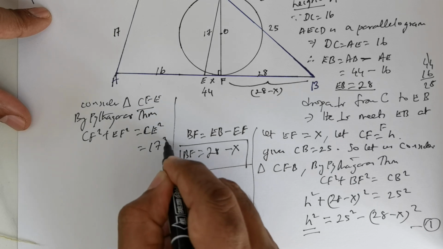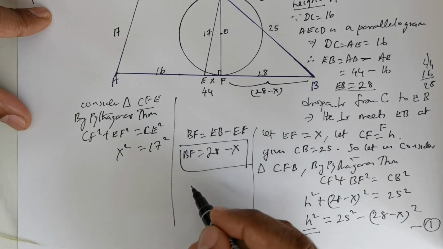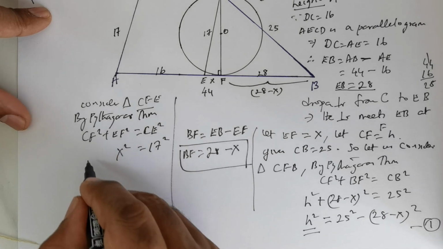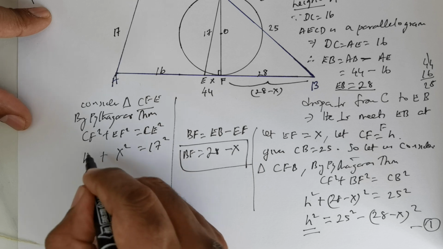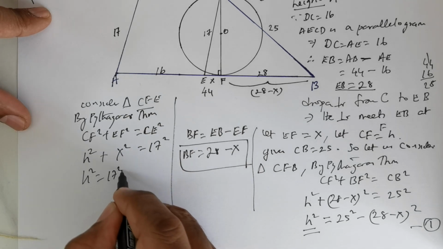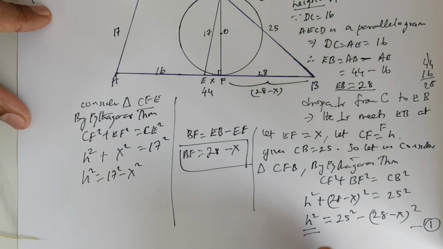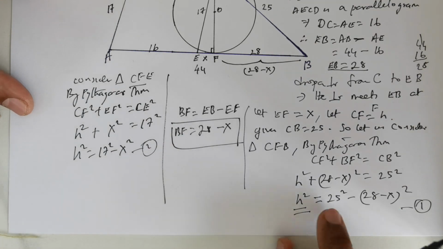CE squared is 17 squared. So EF squared is X squared and CF is H, right? So you got to take it to the power of 2. So H squared is equal to 17 squared minus X squared. Now this is 2. Now can we relate 2 with 1? Of course we can do that.